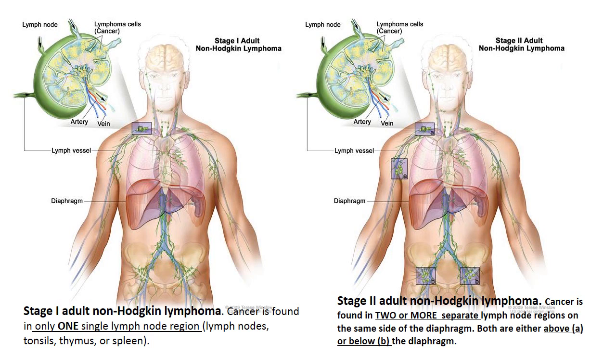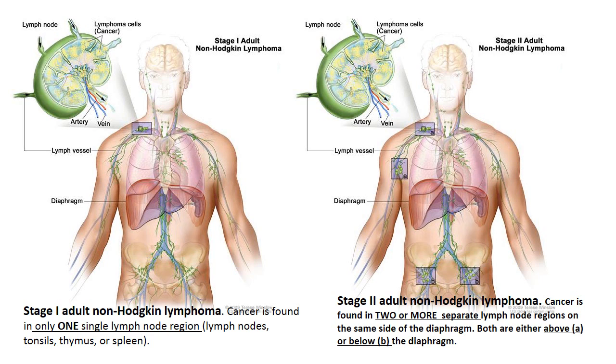Only one single lymph node region is affected. So it's your lymph nodes, your tonsils, your thymus, your spleen. Only one single lymph node region is definitive of stage 1 non-Hodgkin's.